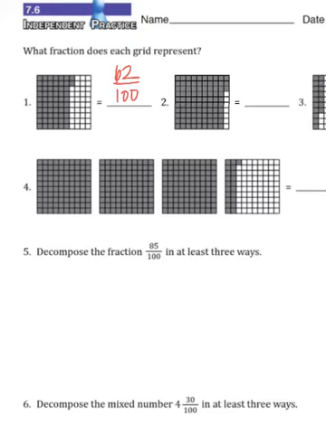All right, number 2. We have 1, 2, 3, 4, 5, 6, 7, 8, 9 columns plus 3, so 93 hundredths. Number 3, we have only one column plus 7, so 17 hundredths.